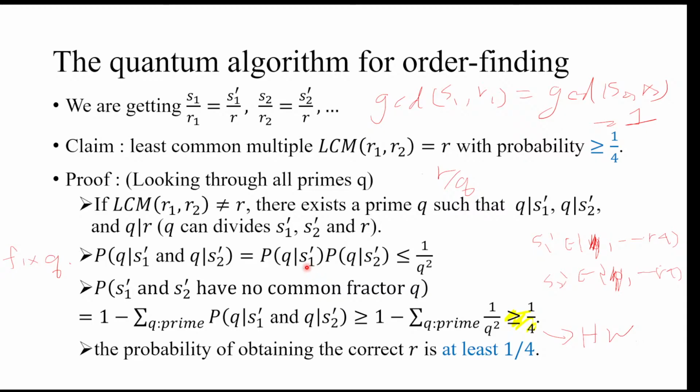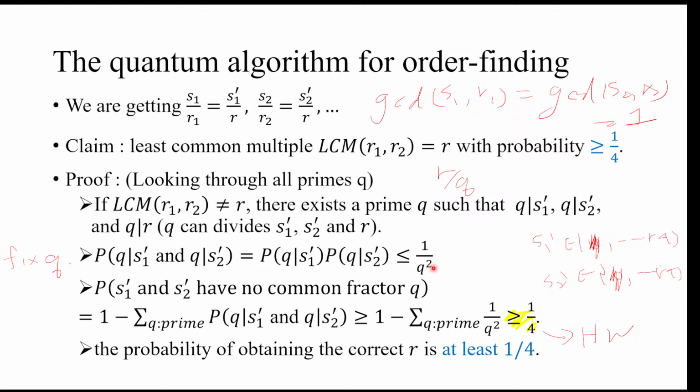You see that each probability will be about 1 over Q, but R might not be divisible by Q, so it might be less or equal. Anyway, each of the probabilities will be about 1 over Q, and so the total is 1 over Q squared.